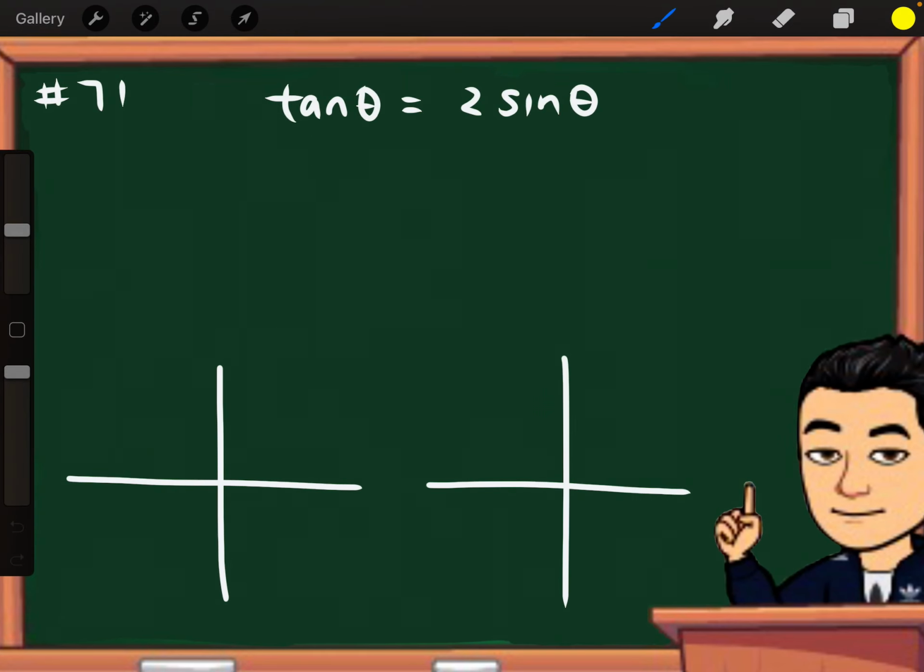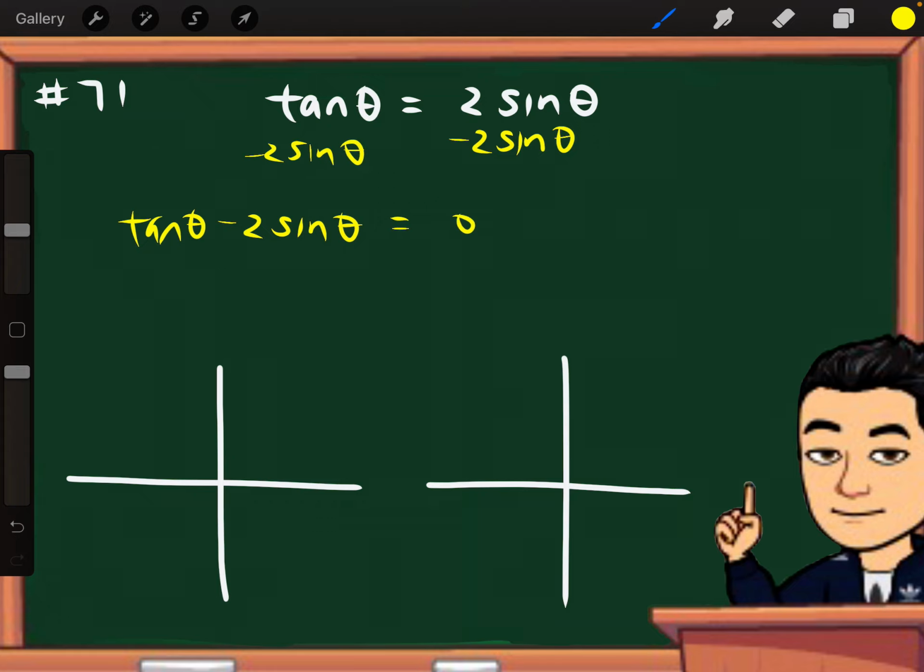Check out number 71. What you're going to do here is subtract 2 sine theta on both sides. So I'm going to get tangent theta minus 2 sine theta equals 0. You want to set one side equal to 0, as I'm doing in all the questions. Now I'm going to factor out the sine.